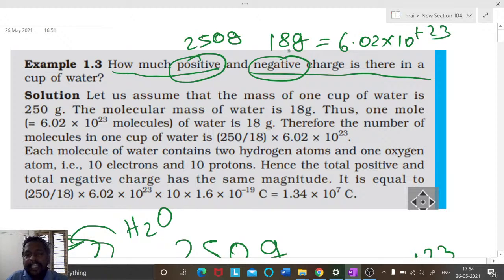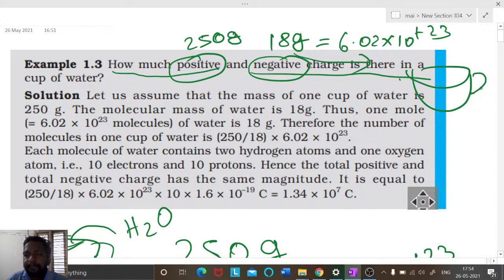So easily you can calculate 1 gram, and also 250 gram. Then into 10 into the charge of electron or proton. That gives how much charge of proton or electron is present in 1 cup of water.